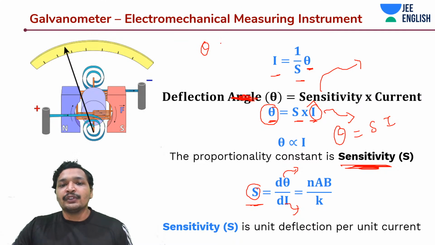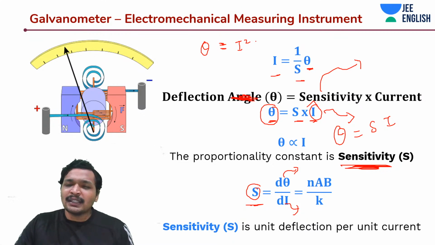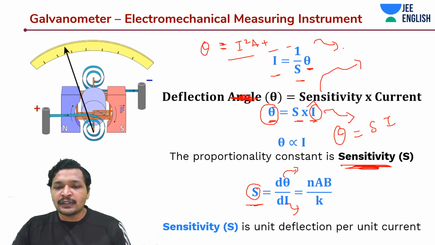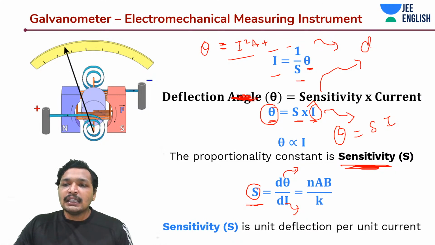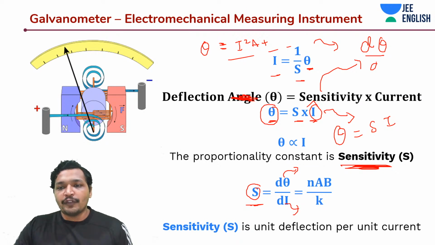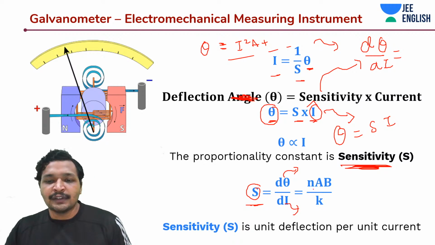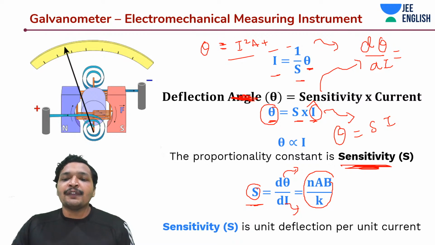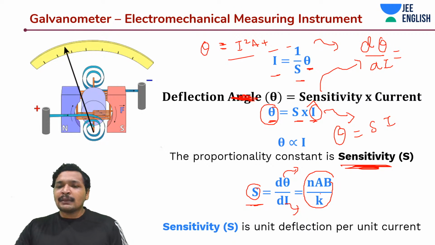They will say theta of that system is something like I square A B C D, plus something. Now what would you do if they ask you to find current sensitivity? You'd basically take d theta by d I, and then you would get the value of current sensitivity. It is unit deflection per unit current, which is nothing but NAB by K, isn't it, students?